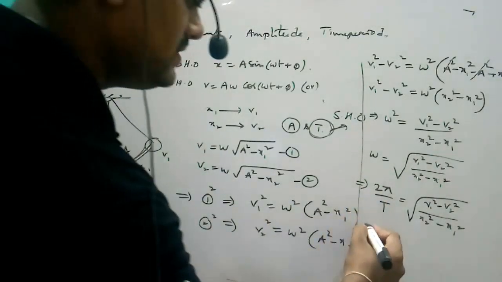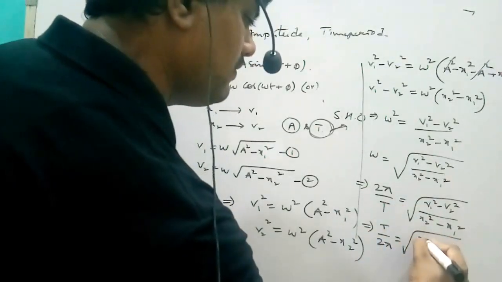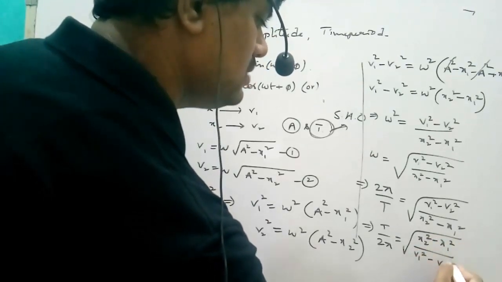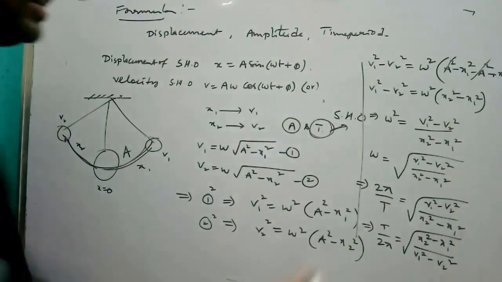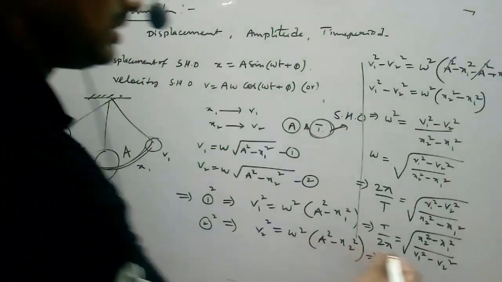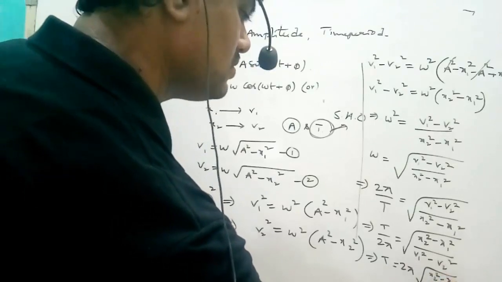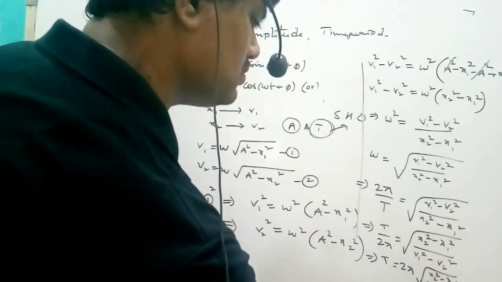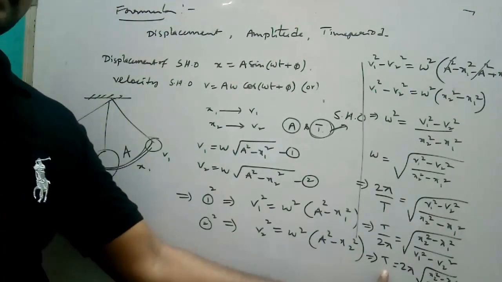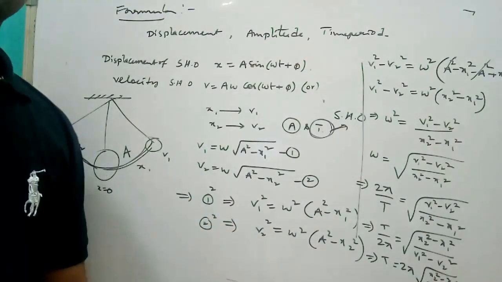Taking the reciprocal, T by 2 pi equal to under root of x2 square minus x1 square by v1 square minus v2 square. So the time period T equal to 2 pi into under root of x2 square minus x1 square by v1 square minus v2 square. This is the relation between the time period, displacements x1, x2 and v1, v2.